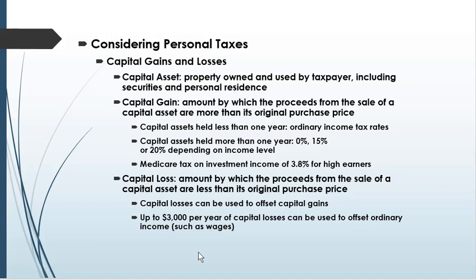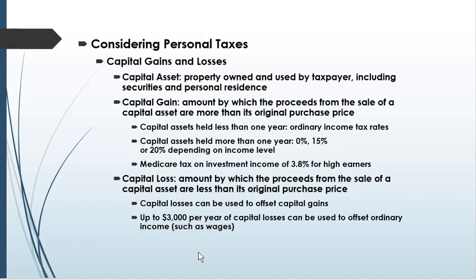But if you held it for less than a year, and this is the critical part, it's not going to be taxed at 20, it's going to be taxed at 39, which again you recognize is almost double. Capital losses obviously is when the price that you sell for is less than that basis price. You can use capital losses to offset capital gains, certainly.